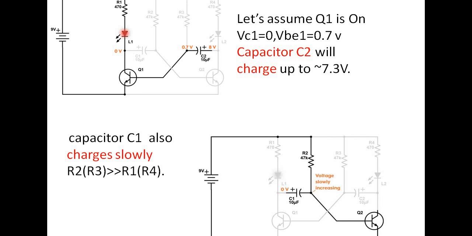Now if you look at the scenario of C1, one end of C1 is connected to ground, and the other end of capacitor C1 is connected to the power supply through the resistor R2, 47 kilo ohms, right.